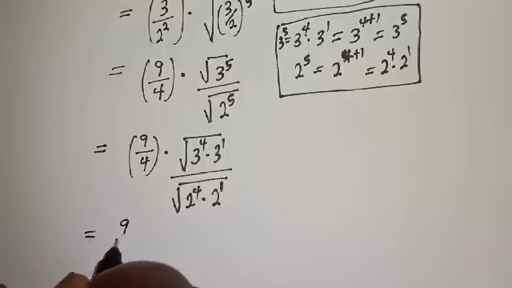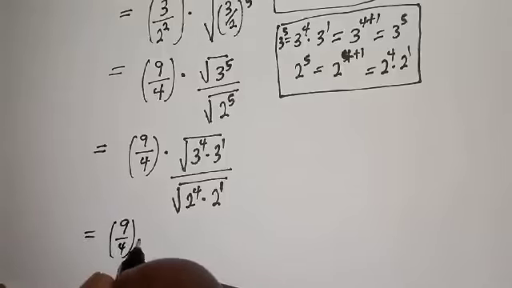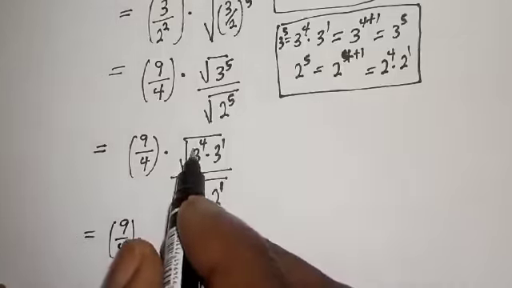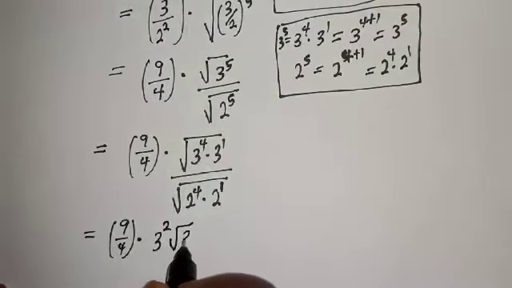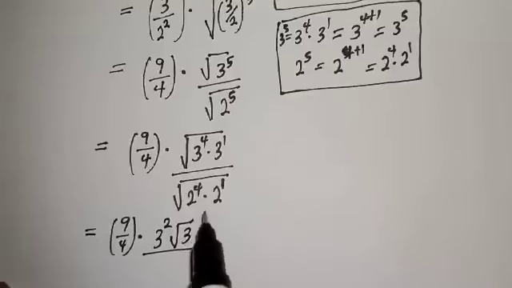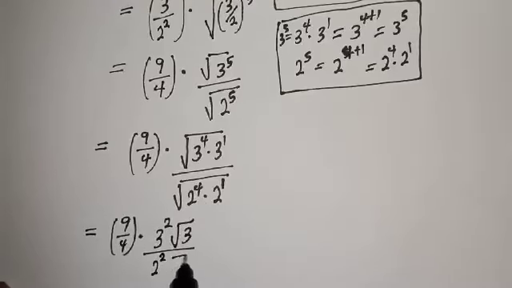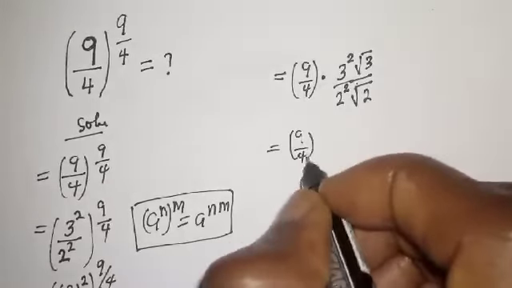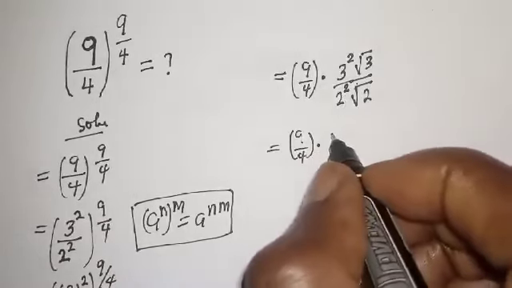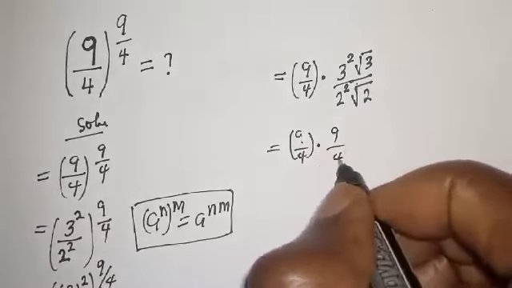Equal to 9 over 4 multiplied by the square root of 3 raised to power 4, which is 3 squared, root 3, over the square root of 2 raised to power 4, which is 2 squared, root 2. 9 over 4 multiplied by 3 squared, which is 9, over 2 squared, which is 4.